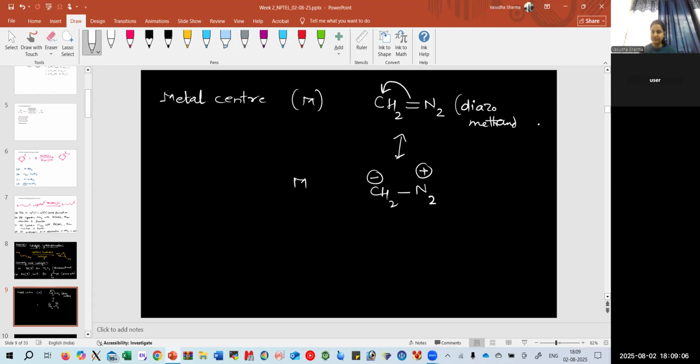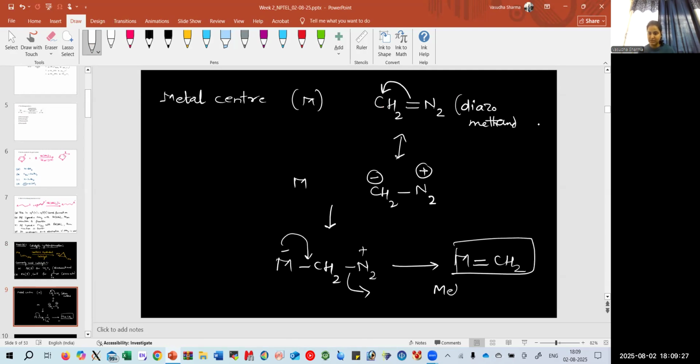Now when we have M in the vicinity of this charged species, they will interact, making M-CH2 minus and N2 positive. Now once this charge comes into the picture, the N2 which has a positive charge is released and forms M double bond CH2. Now this is your metal carbene, and this is your metal carbene equivalent, right? So this becomes an active intermediate for getting that reaction done.